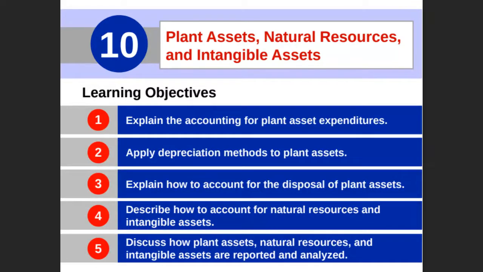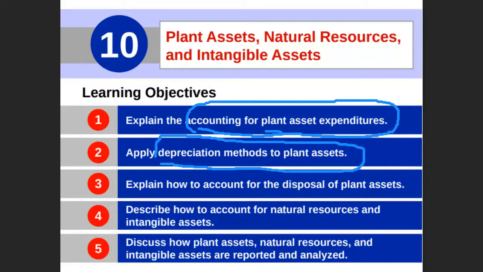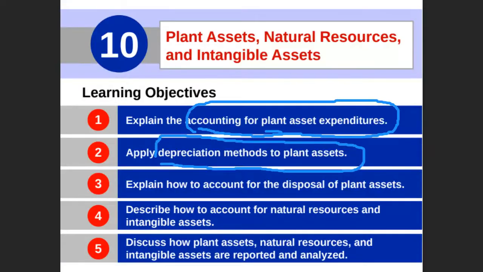Now, chapter number 10: plant assets, natural resources, and intangible assets. This is what we will be learning in this chapter. What is the accounting for different types of expenditures? What are the accounting entries and treatment? Then we will see the different depreciation methods for plant assets. Do you know what depreciation is? Anyone has an idea what depreciation is?